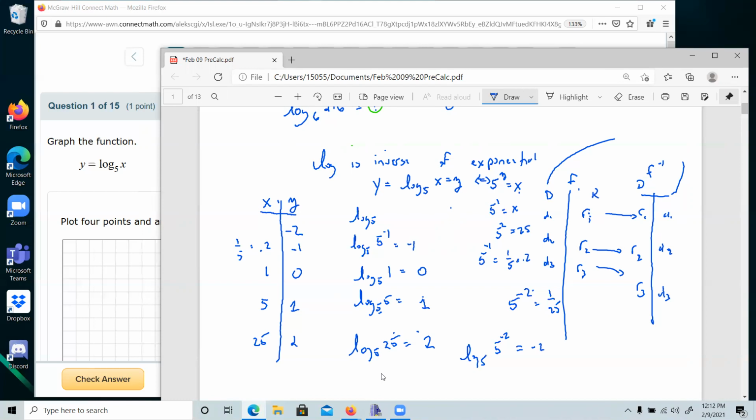So we need 1/25 here. I think that's 0.04, I believe, which is 1/25.